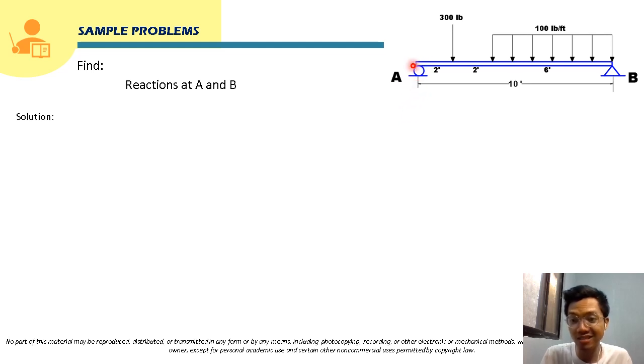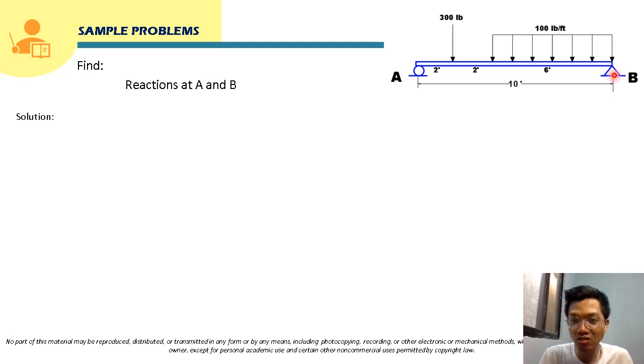Since this is a roller, it will only provide one reaction force, which is perpendicular to the surface, applied at the point of contact of this roller and the surface. Also here at point B, it is supported by a hinge. Since this is a hinge, it will provide two reaction forces: one horizontal and one vertical reaction at point B.